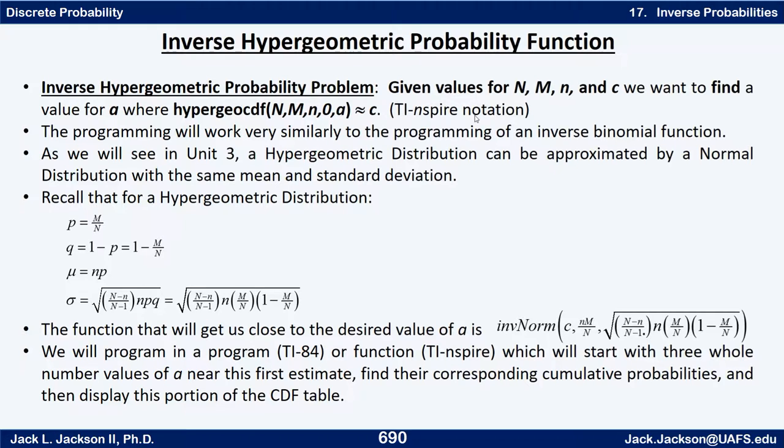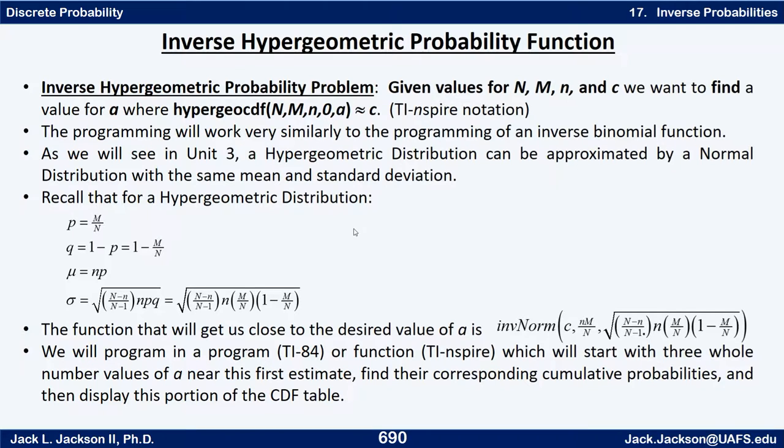This is the TI-Nspire notation, or you get a similar type of thing for the hypergeometric CDF program on the TI-84, and you do N, M, n, 0, a, and the c that we're looking for is approximately this value.